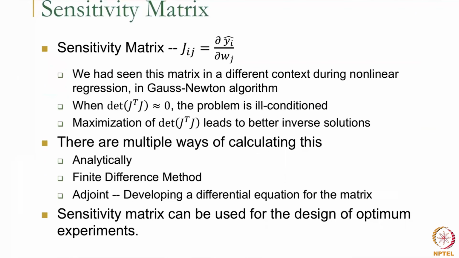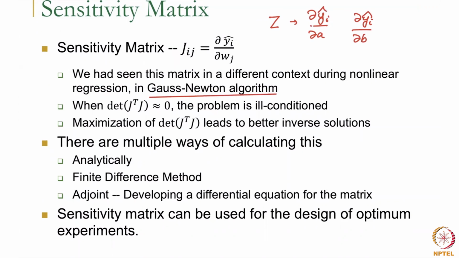Now, what is the sensitivity matrix? The sensitivity matrix is something that we already saw as our Z matrix. If you remember, Z was del Y hat, del A, del Y hat, del B. You might remember these quantities that were sitting within the Gauss-Newton algorithm.